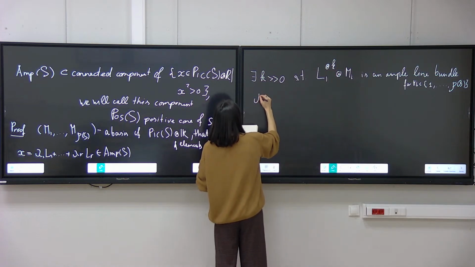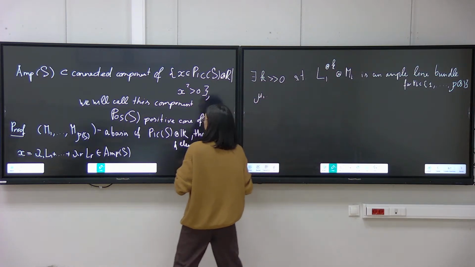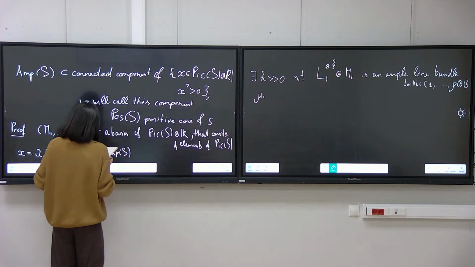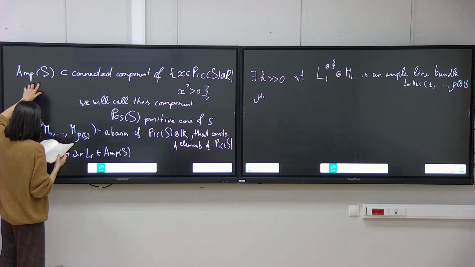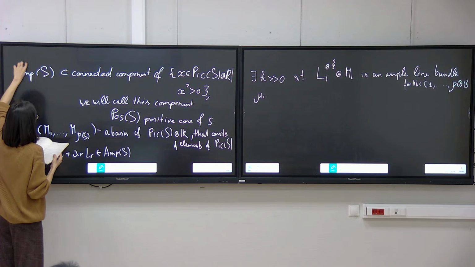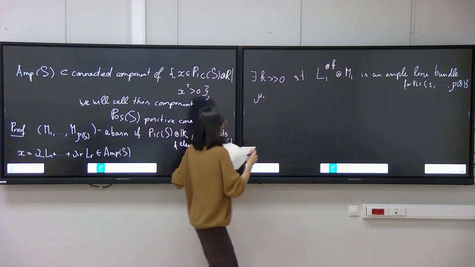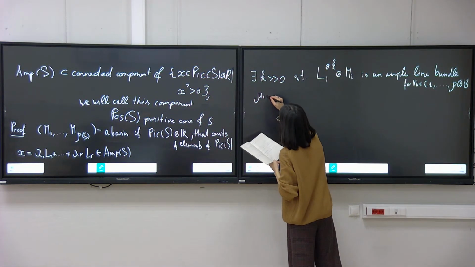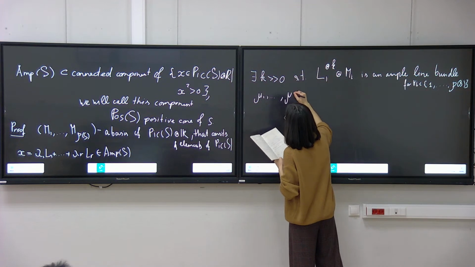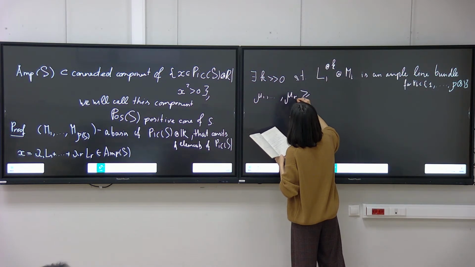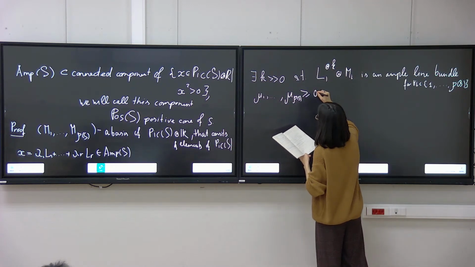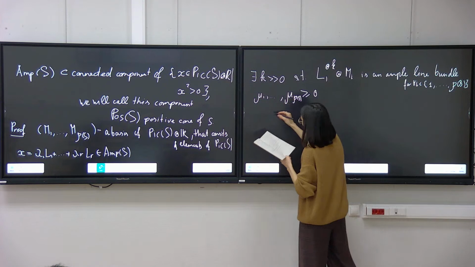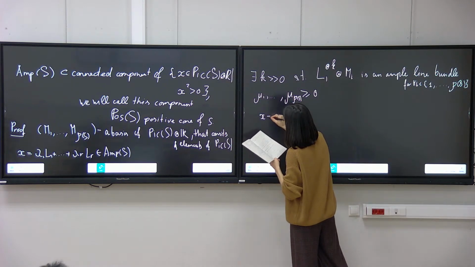So now I'm trying to explain why this ample cone is open. So suppose we have here positive mu, then consider the following linear combination.